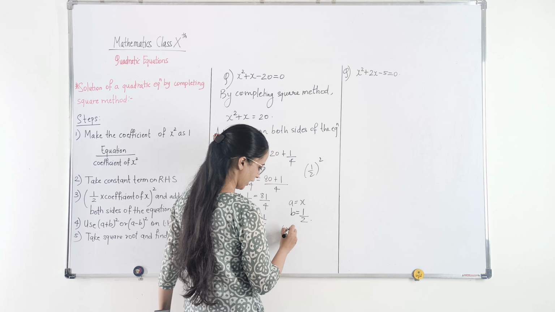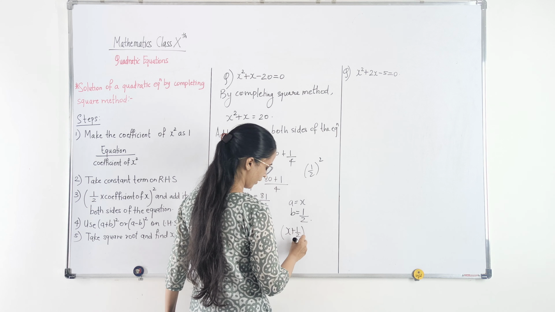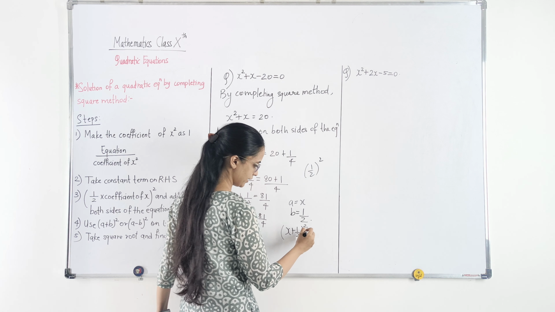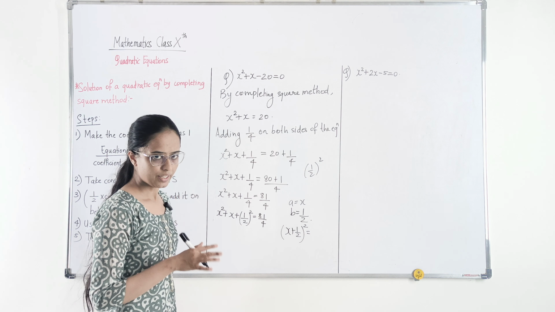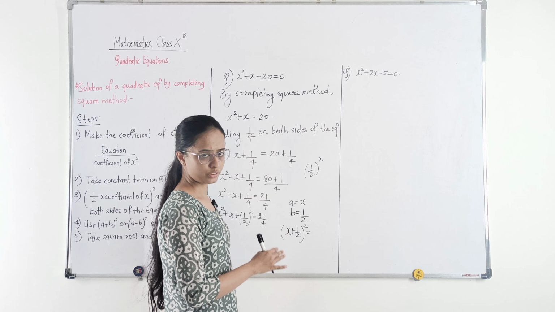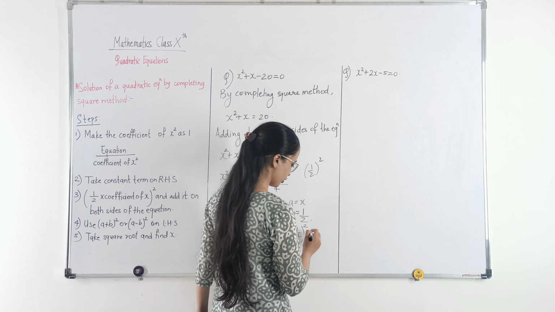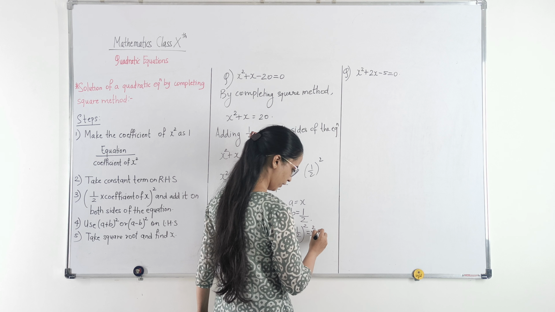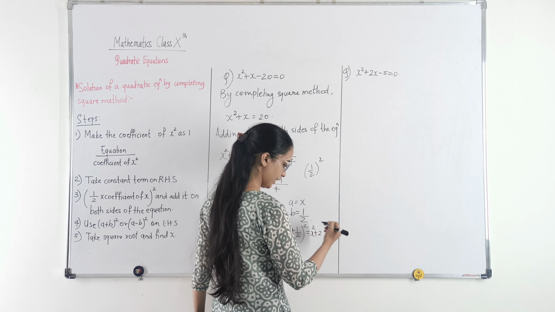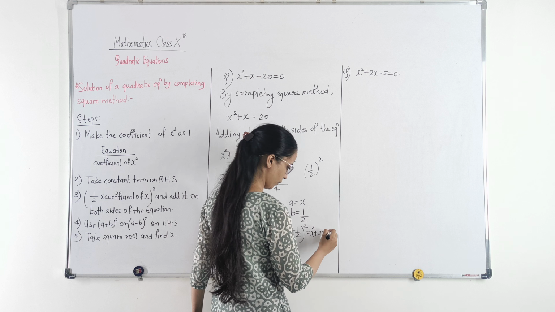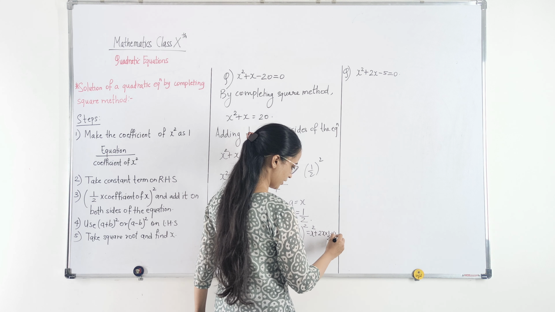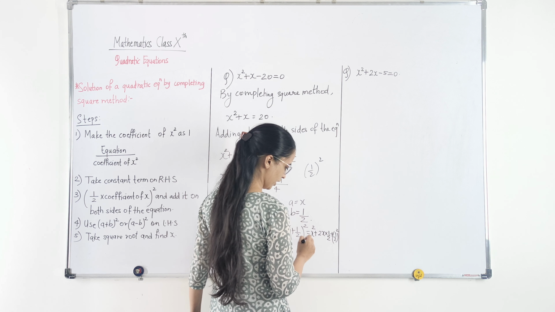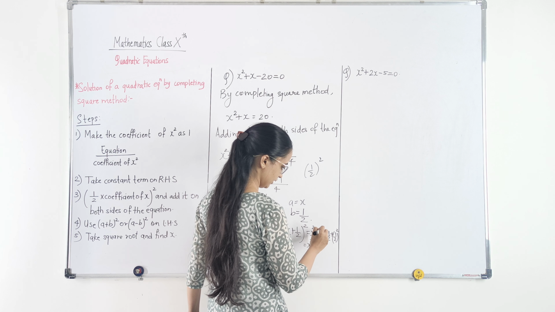Now let me find the expansion of x plus 1 by 2 the whole square, and let us see whether we are getting this or not. This is just for your understanding. You are not supposed to write this in the exam. According to the formula, we get x square plus 2ab, which is x into 1 by 2, plus b square, that is 1 upon 2 the whole square. X square remains as it is.